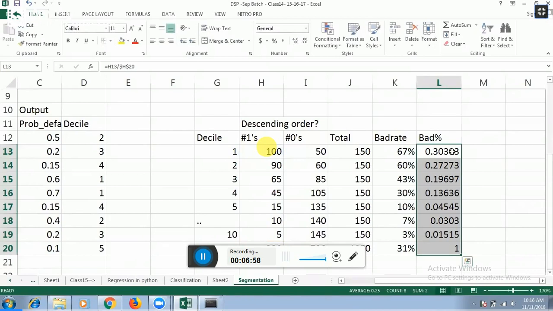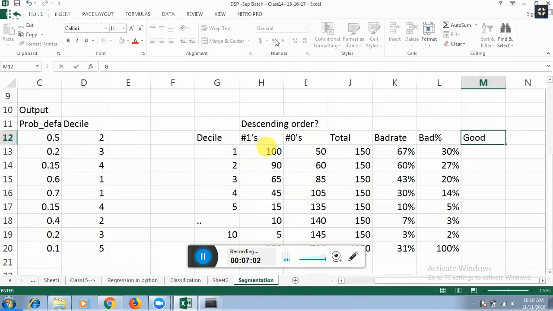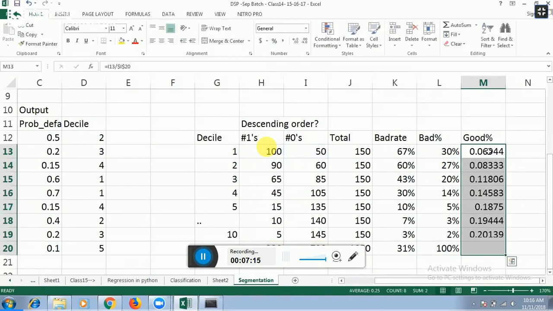So this is what we call the bad percentage. The good percentage is 50 divided by 720. Out of total goods, how many goods you captured in each decile. This is the good percentage.